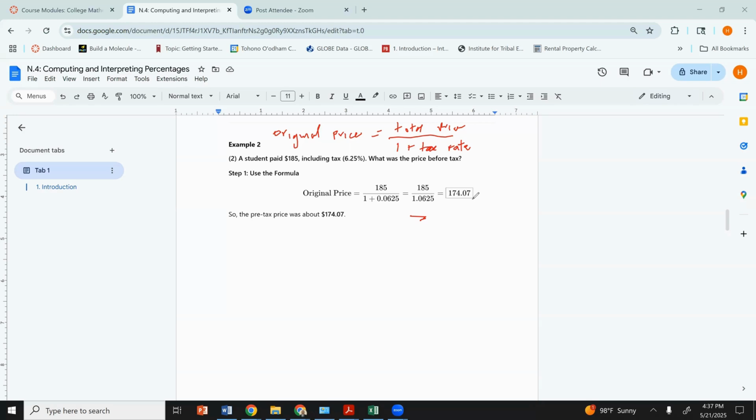If you include the tax as in the question, it's going to go up to 185. Okay, so the amount of money before tax, or the pre-tax amount, is $174.07. All right, so let's move on.